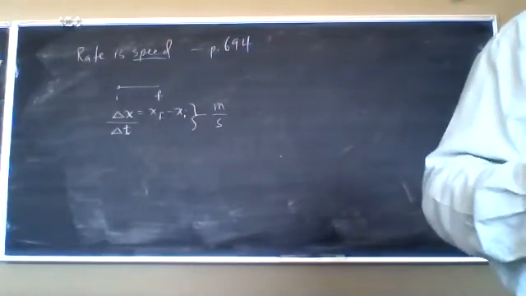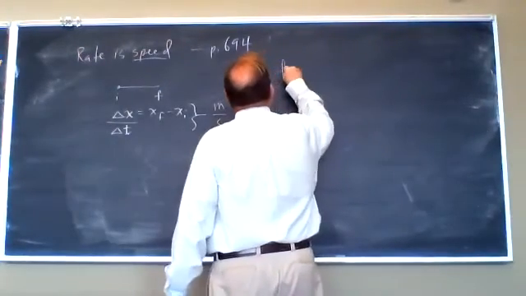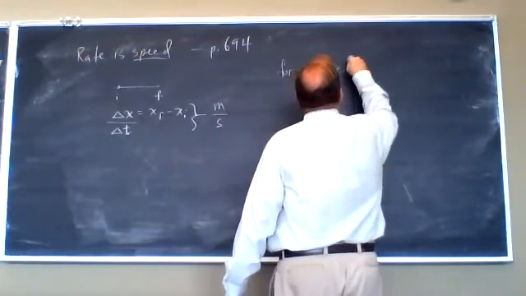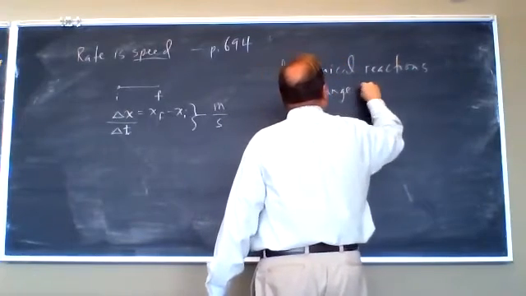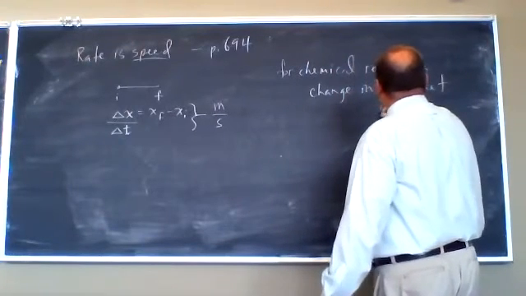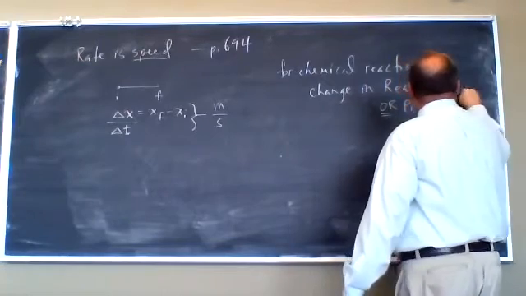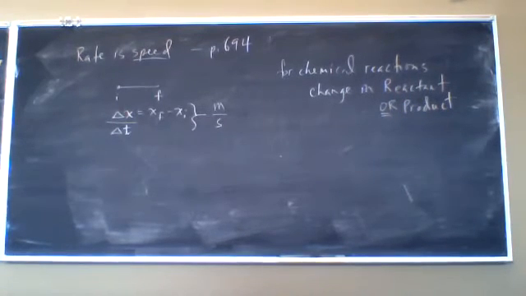Now, when we measure the rate of a chemical reaction, we are also measuring a change in the amount of reactant or product. And so it turns out that it doesn't matter which one we choose. We'll talk about why we make those choices in a little while. But we're looking for how the reactant or the product changes with time.